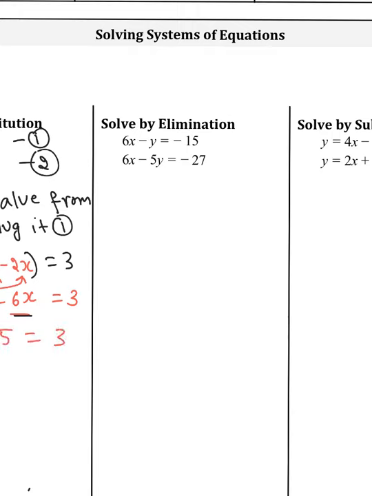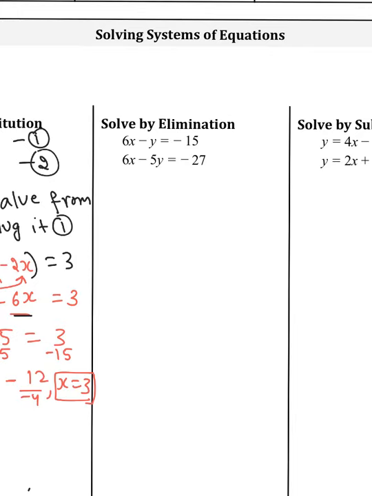And then you subtract 15 on both sides. You're going to get negative 12. And when you divide by negative 4 on both sides, the x value you're going to get is 3.